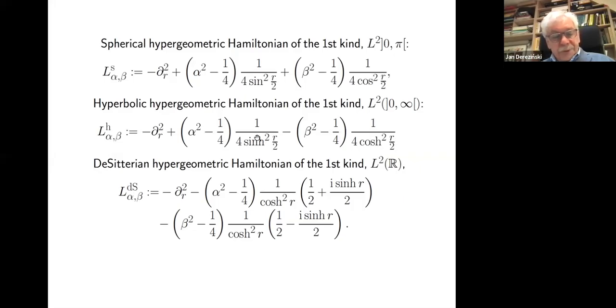Now, the most funny construction is for what we call the Siterian hypergeometric Hamiltonian. Unfortunately, I don't have a slide on this, but I recommend you to look at the paper, because I have never seen a similar construction, but well, that's not very difficult.